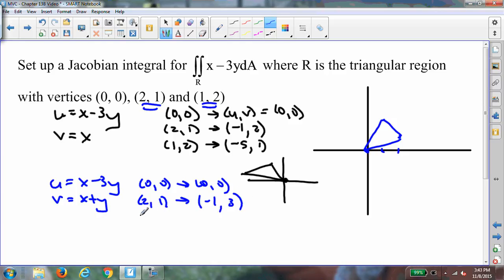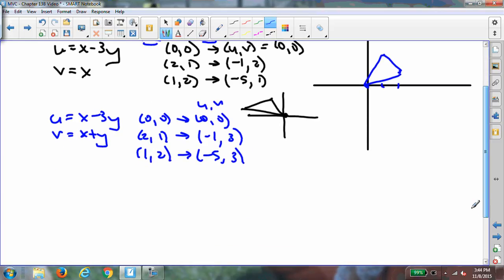And then 1, 2 would still map to negative 5 for my new u coordinate, but my v coordinate would be 3. So if I were to graph this, I would have 0, 0, negative 1, 3, and negative 5, 3, where this is my v, this is my u, and now this region here, if I set it up as a du dv, I can do it in just one integral.